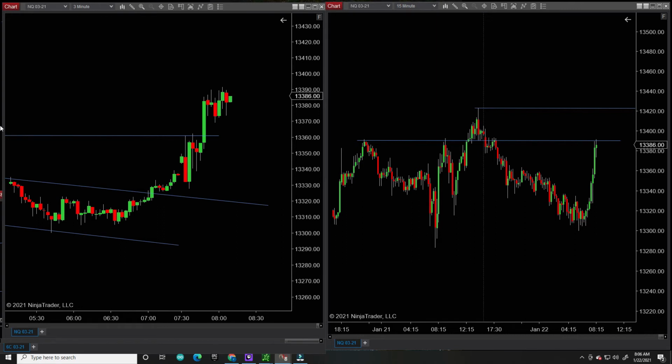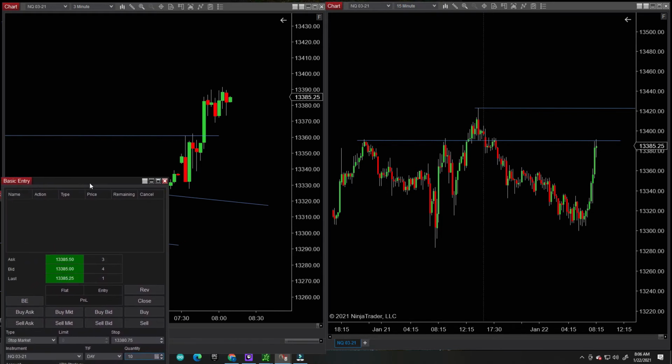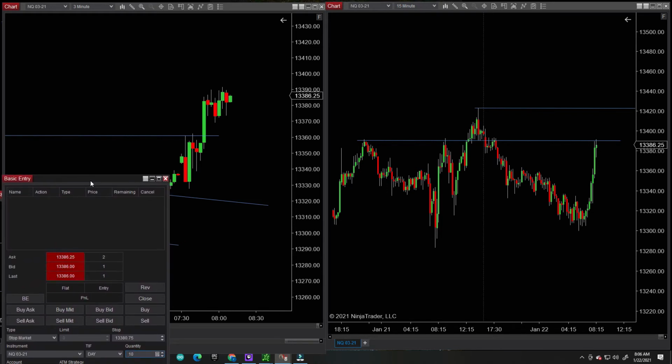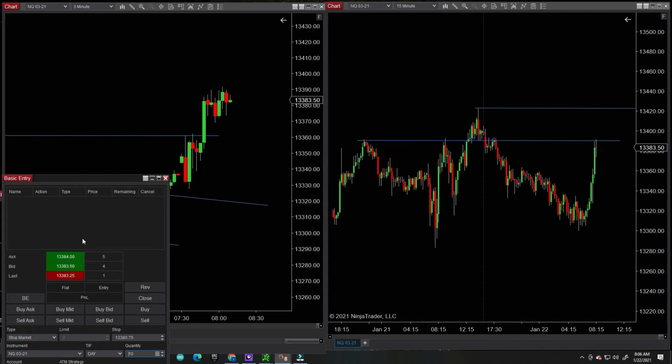So just so you know what I am doing, I have my name chopped off on the bottom down there, so I'll keep it like this. I have my order entry ready to go: NQ, 10 contracts. Then I have two more of these boxes, one with 2 contracts loaded in and another with 5.